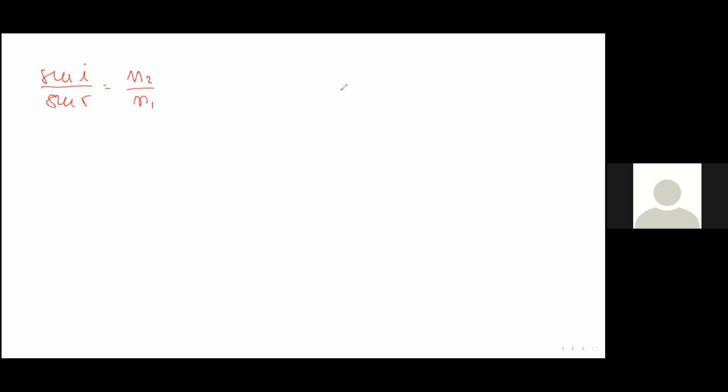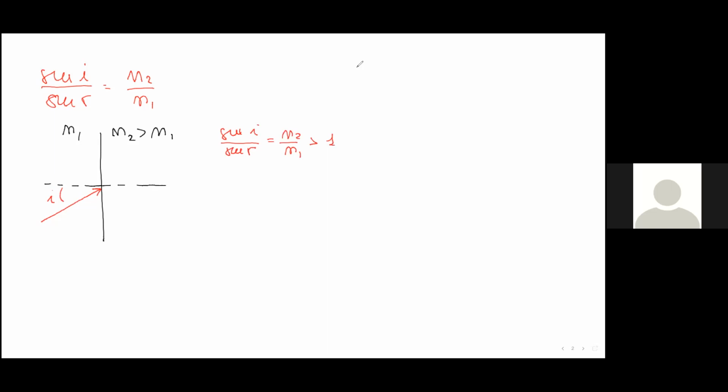Now, what happens if n2 is larger than n1? So what happens if you have light arriving from this side at a certain angle i, and it is refracted in the second medium? Now you see that if n2 is larger than n1, that means that sine i over sine t, that is n2 over n1, must be larger than 1.